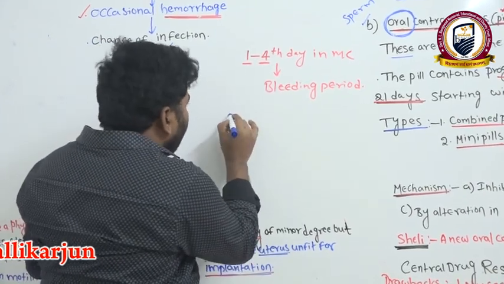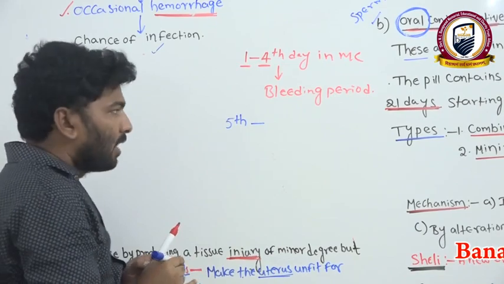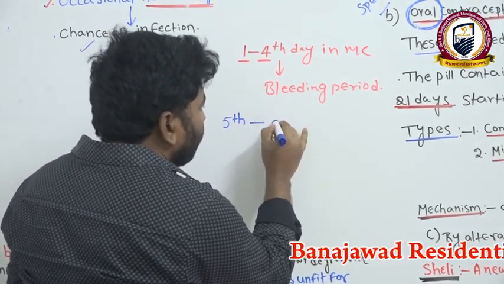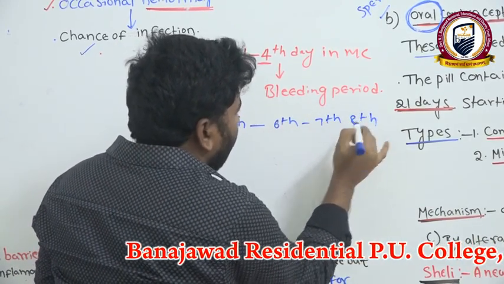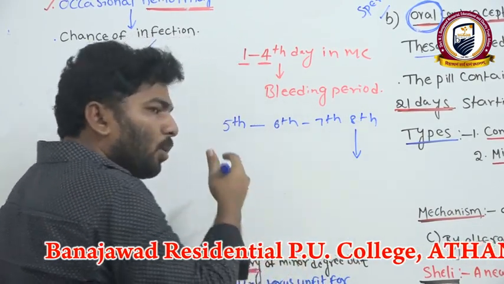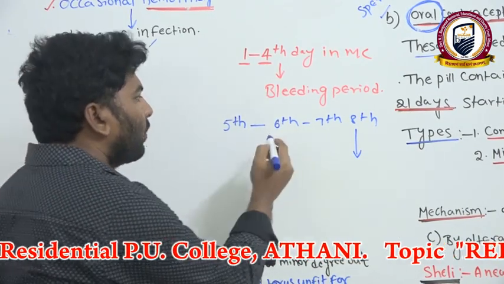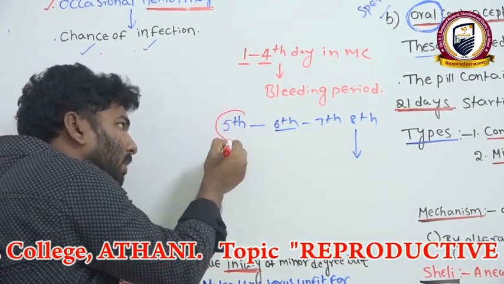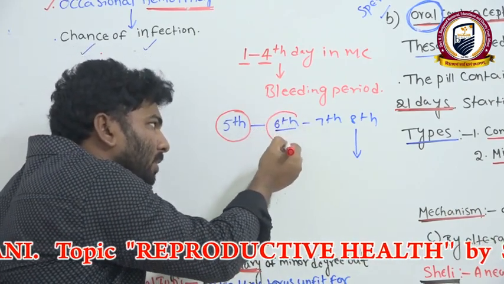When we start at the 5th day, we start taking these tablets continuously. 5th day, 6th day, 7th day, 8th day, like that continuously we have to take these tablets, without forgetting. But here we notice the 5th day dose of hormone is a little less compared to the 6th day.